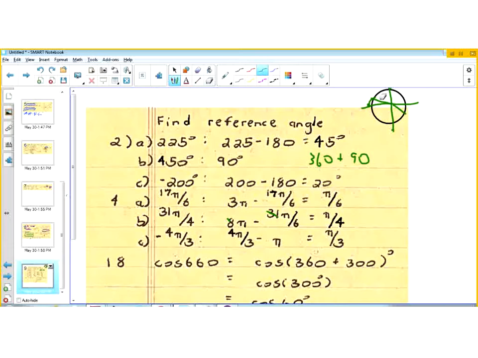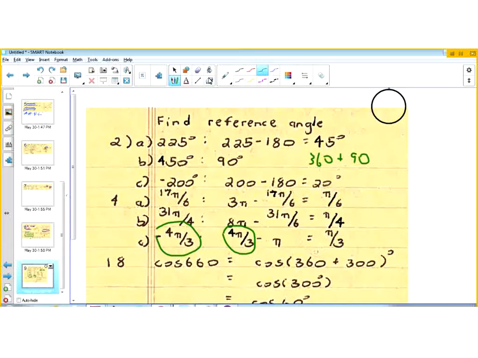So to deal with a negative angular measure, a possible technique, like for instance in part C of this 4C, would be to take the number, negate it, okay, identify which quadrant it's in, and then find the reference angle for this angle oriented in the counterclockwise direction.